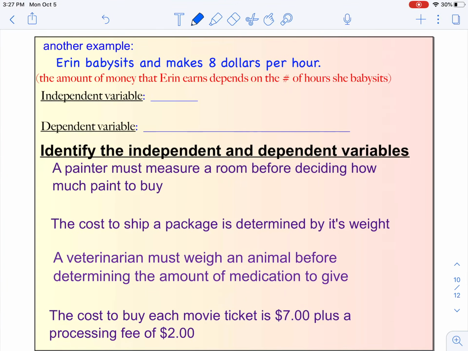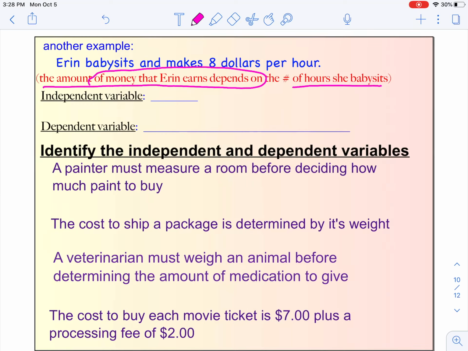Okay, here's another example. Aaron babysits and makes $8 per hour. So the amount of money that Aaron earns depends on the number of hours she babysits. So the independent variable is what you are putting into the situation or story.